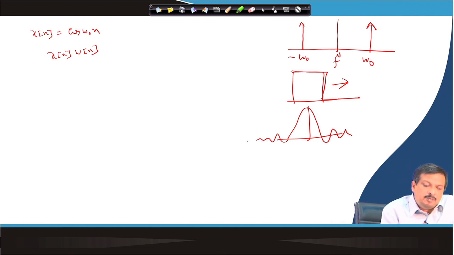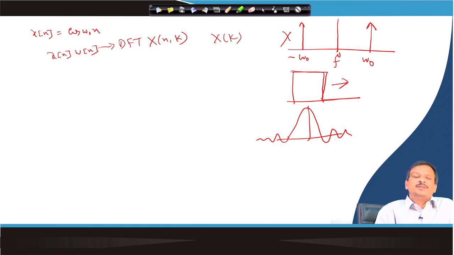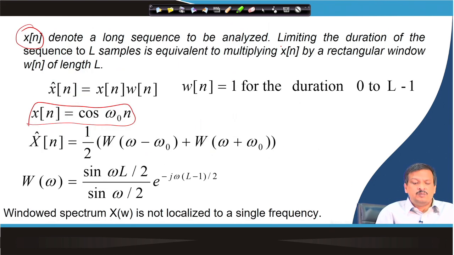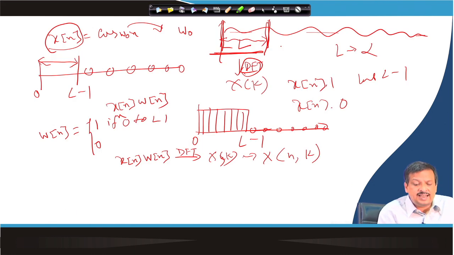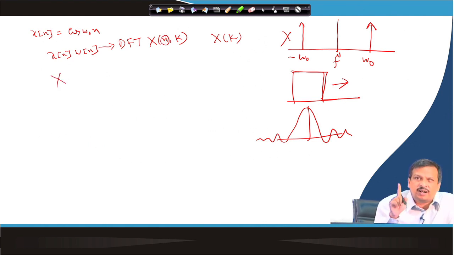So, when I take the DFT of that, then my X of k is not the ideal X of k. So, it is not like this. What will it be? I can say, let us say I have n, I have said that n is 1, the first window.